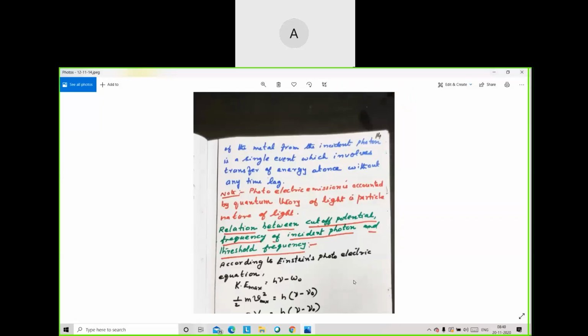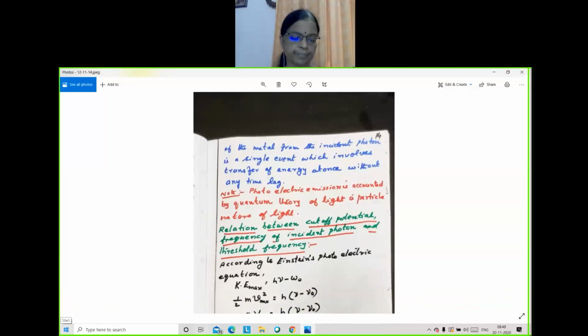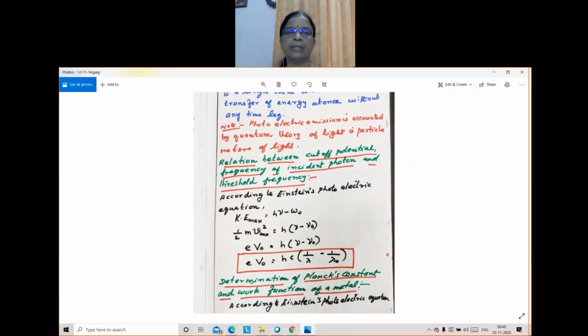Then next is the relation between cutoff potential, this is nothing new, the same thing. We are writing in different forms.